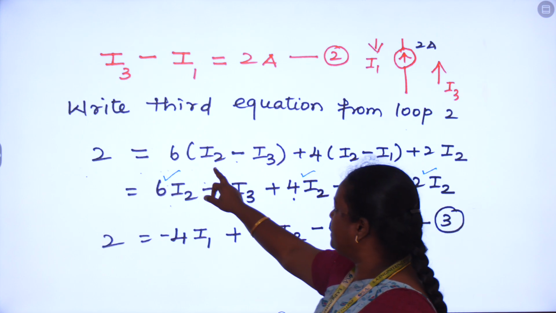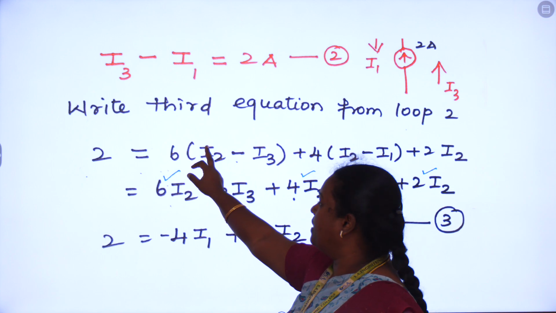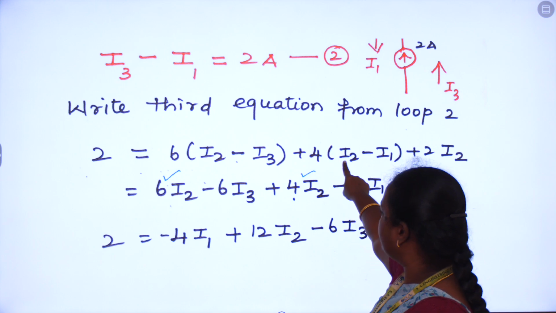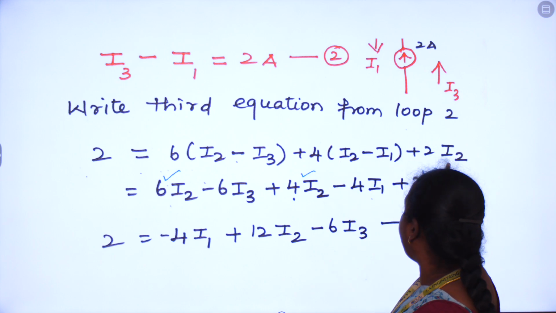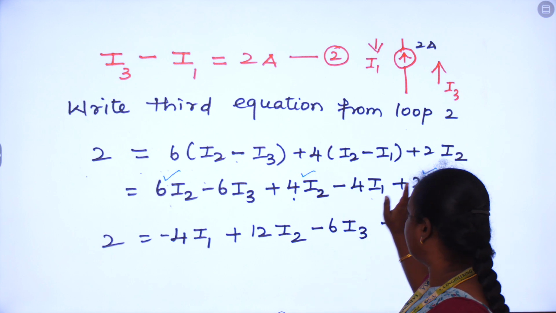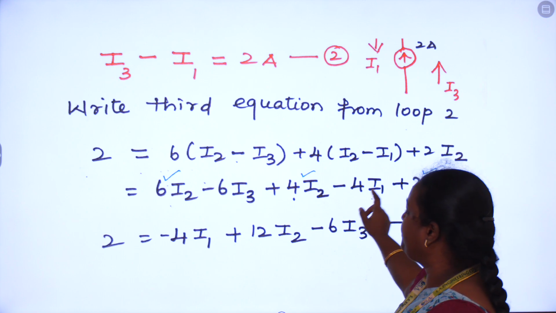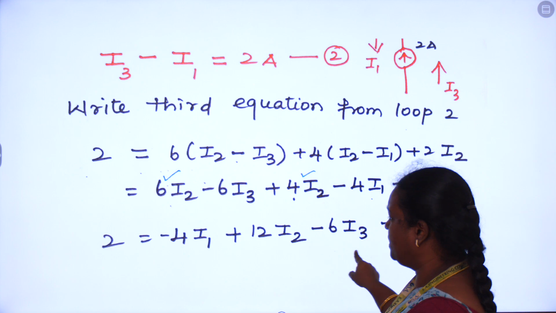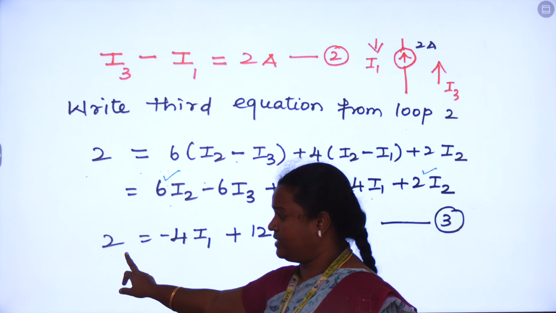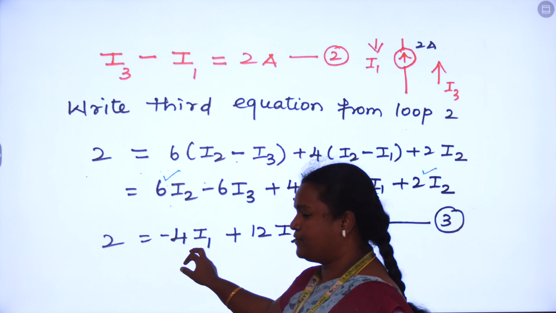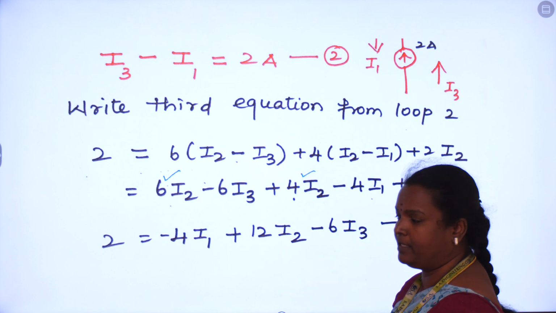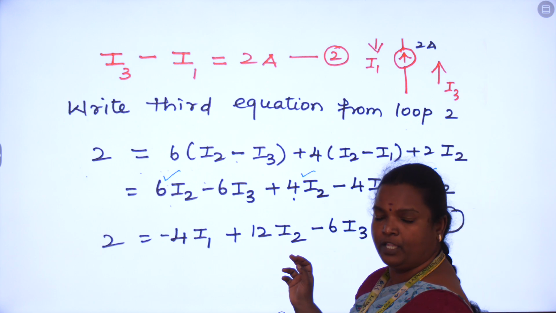So we are writing 6 into I2 minus I3, since the 6 ohm resistor is present between loop 2 and loop 3, and the 4 ohm resistor is present between loop 2 and loop 1, and the 2 ohm resistor is present only in loop 2. After reducing it, we get the voltage rise 2 equal to minus 4 into I1 plus 12 into I2 minus 6 into I3. So this is the third equation.